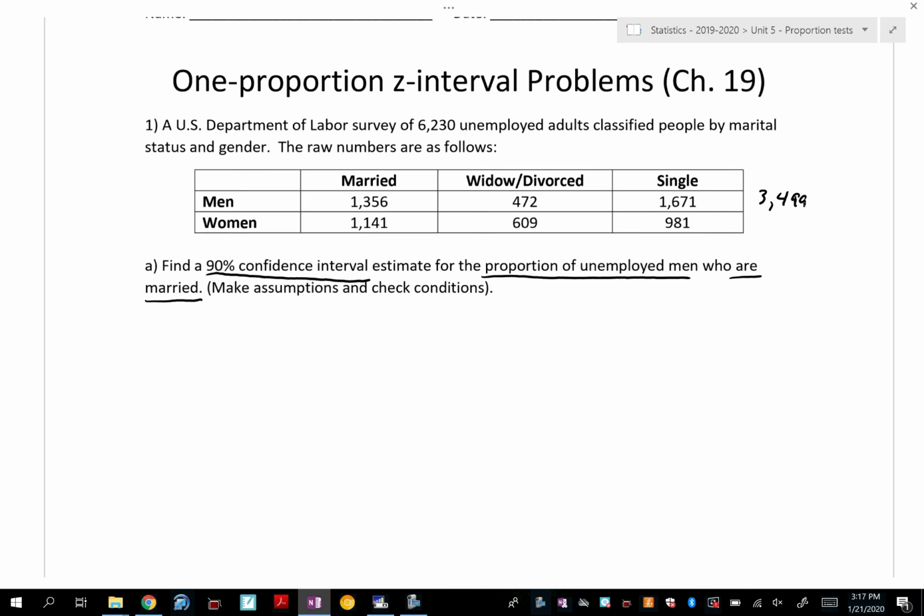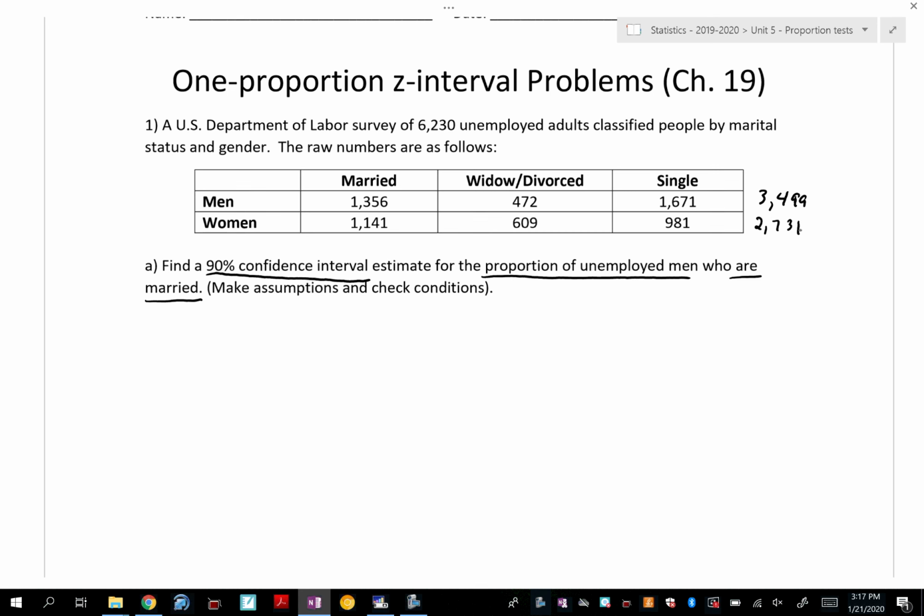3,499. Now, Jarvis has decided to subtract that from 6,230 to find the number of people that checked woman. Excellent. You're so good. All right. All I did was I asked them to find the marginal distribution for gender.